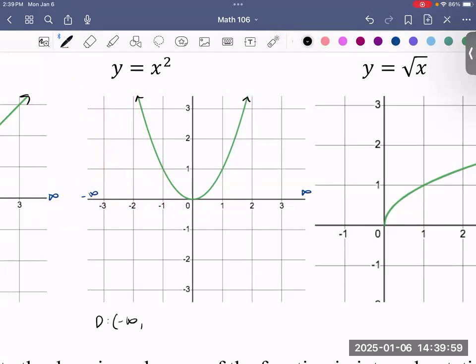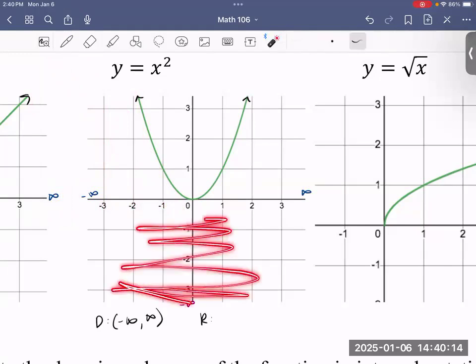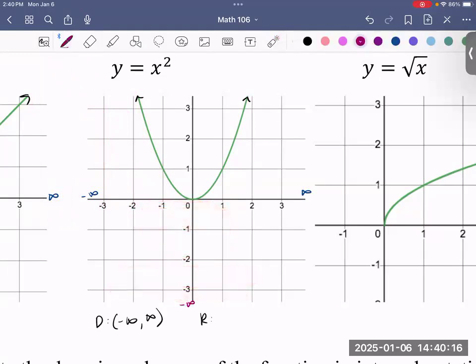Now, when it comes to your range, what is the smallest y value that you see? Again, we're going from bottom to top. So while we may have negative infinity down here, is any of your graph down here in the negative? No. The first y value that you encounter is here at 0, 0. So we're starting at 0.